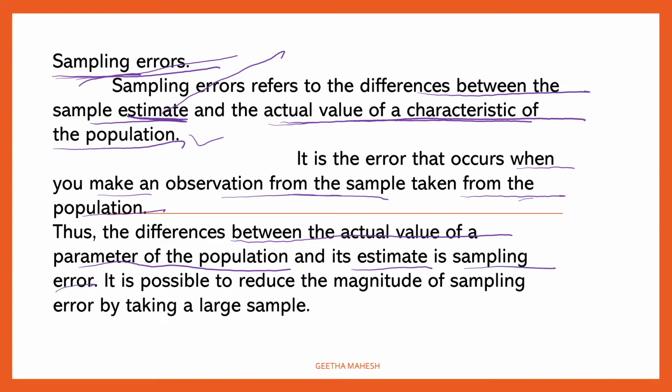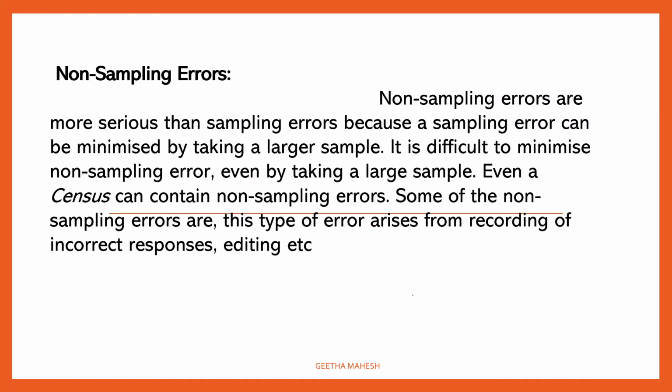It is possible to reduce the magnitude of sampling error by taking a large sample. So we can reduce sampling error when you consider a large number of samples. When you take a large sample, the sampling error comes down.